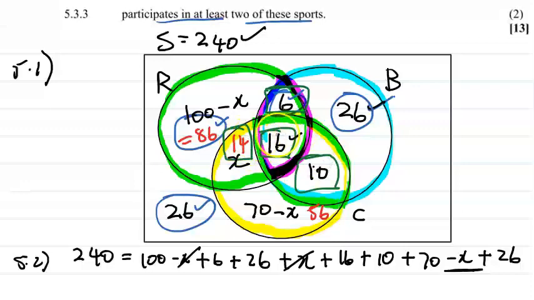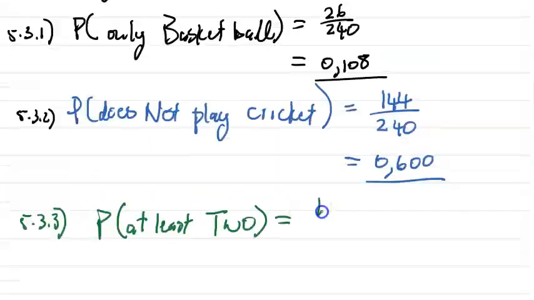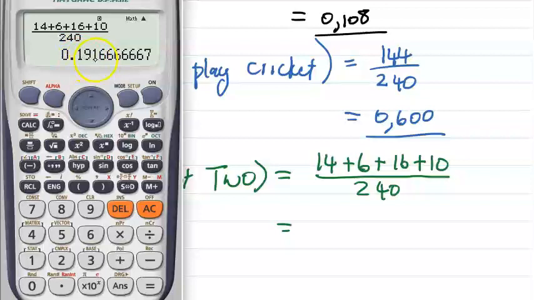So we're going to add up 14 plus 16 plus 6 plus 10, all over 240, and that's equal to 0.192 if you round to 3 decimal places.